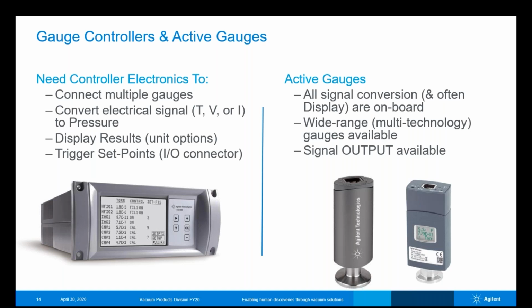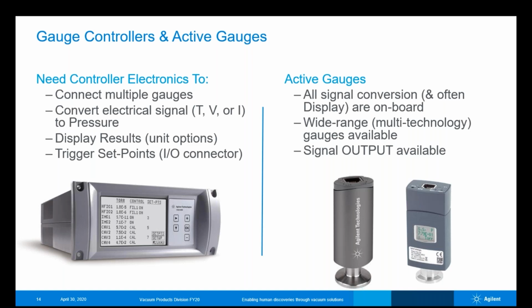We can also display multiple gauges on a single controller, so I'm not paying for displays at each single location. I can also use this to have IO points and trigger set points, so we can read that gauge signal in a controller and use it to set or trip relays on our IO connector and use those in other parts of our industrial process.